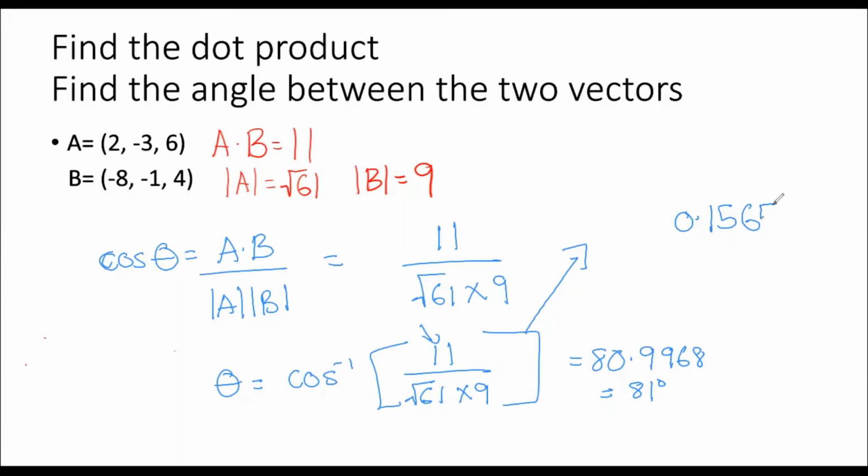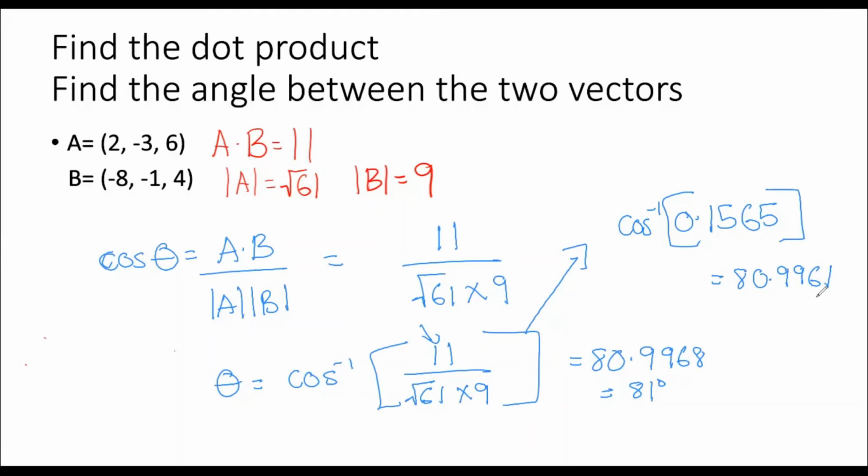Then the inverse cosine of 0.1565 gives 80.9961.